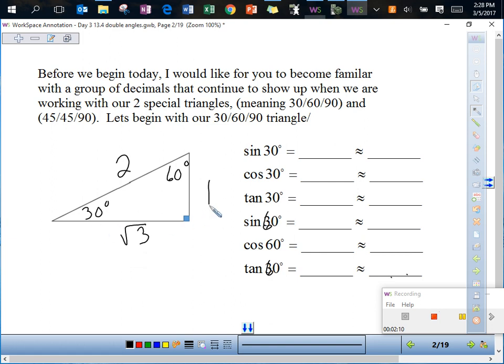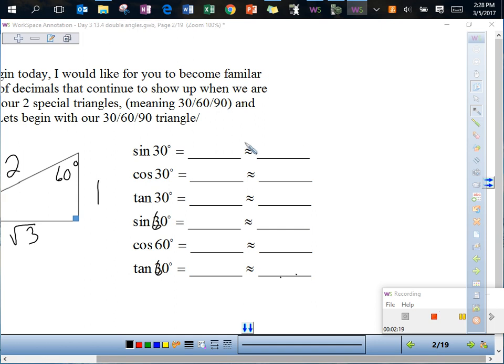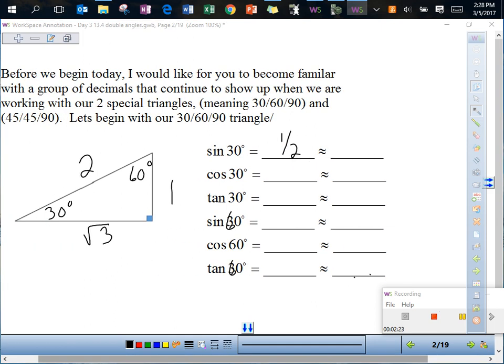The sine of 30 is going to be 1 over 2. My touch screen jumps a little bit. I'm going to come back here in a little bit, and we're going to look at these decimals. What I want to do on these first slides is there's about 5 or 6 decimals I want you to memorize that'll help you tremendously in our next few lessons. Let's go get the cosine of 30.